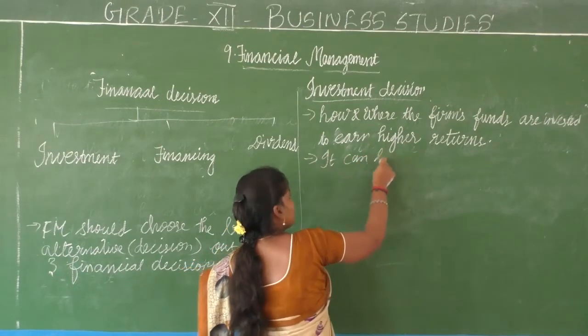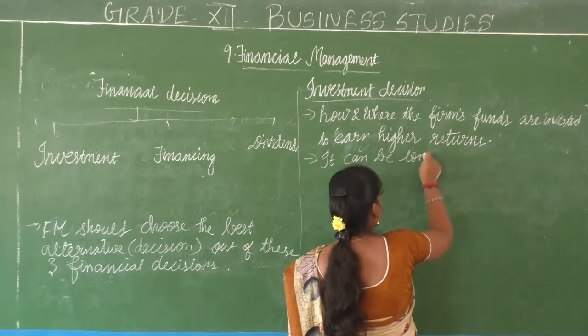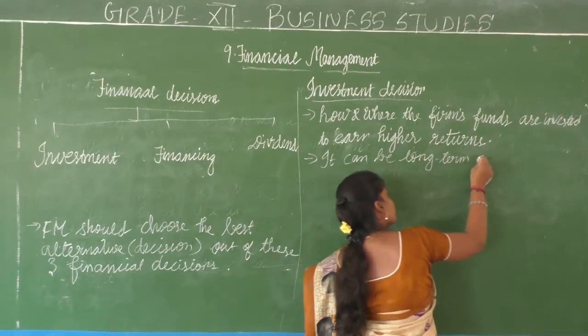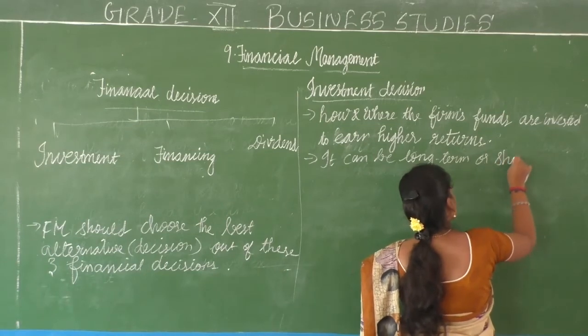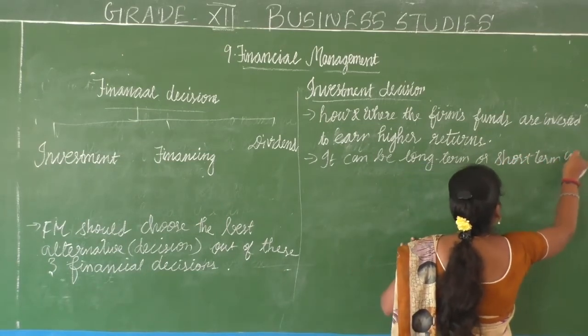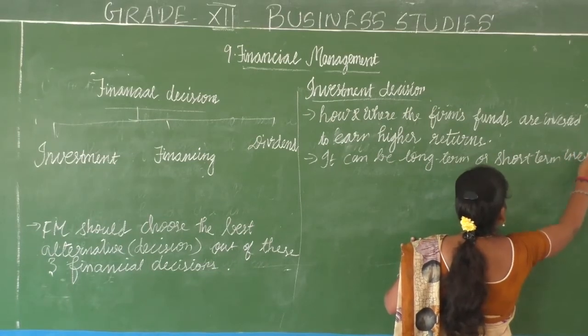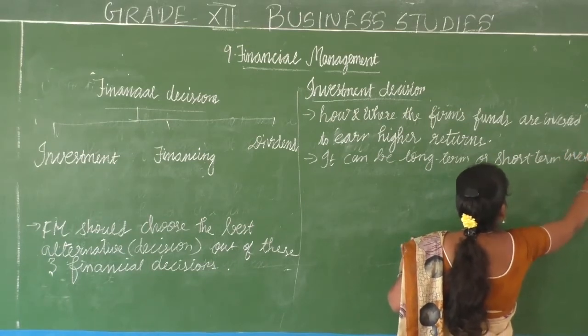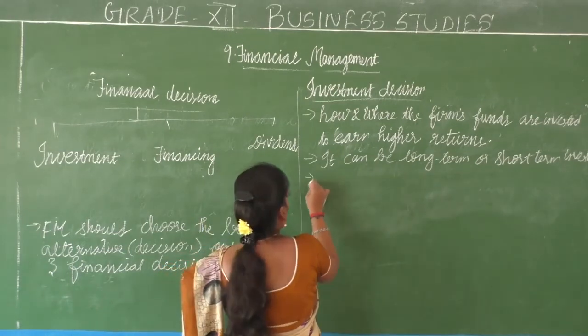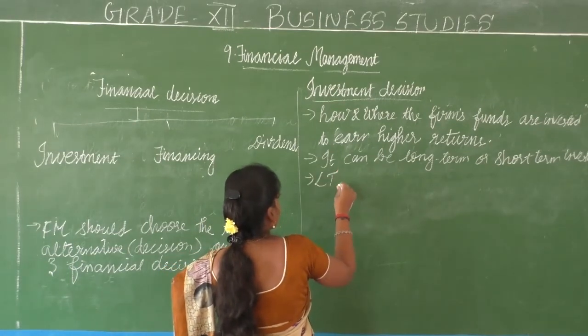It can be a long term decision, a long term investment, or short term investment. So என்னோட இன்வெஸ்ட்மெண்ட் எப்படி இருக்கலாம்? It can be long term or it can be short term investment.